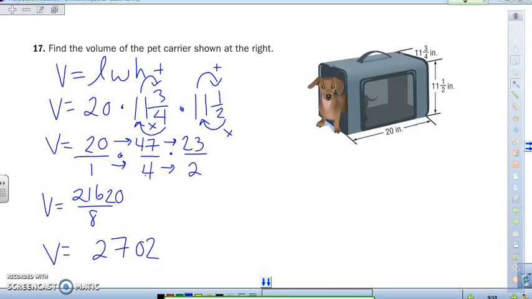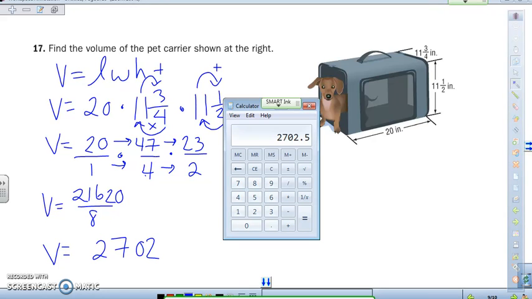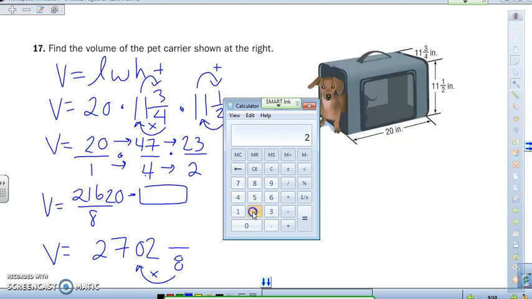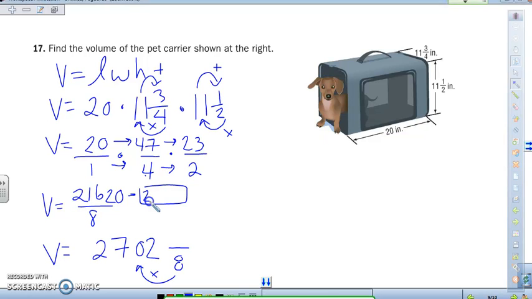2,702. Now there's a decimal at the end. I need to keep things as fractions, so I'm really glad we had an example like this. I'm going to keep my denominator of the 8. Then I'm going to multiply and subtract the difference over here. So 2,702 times 8 gives me 21,616.